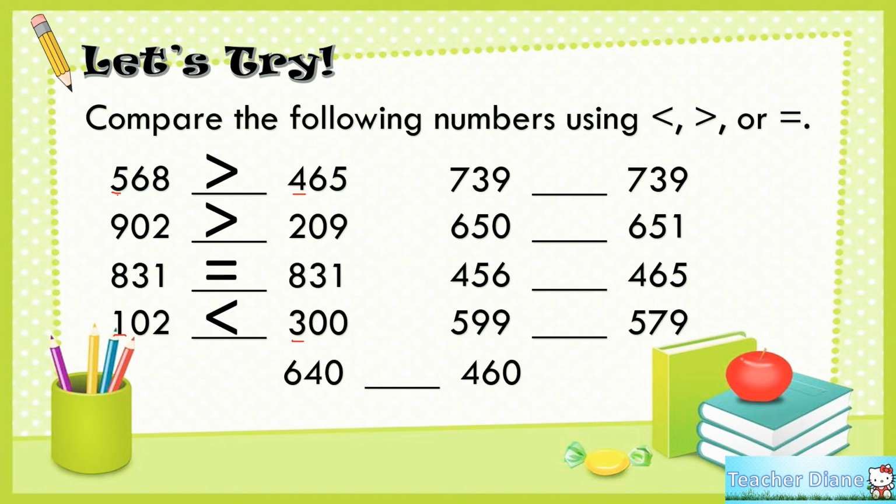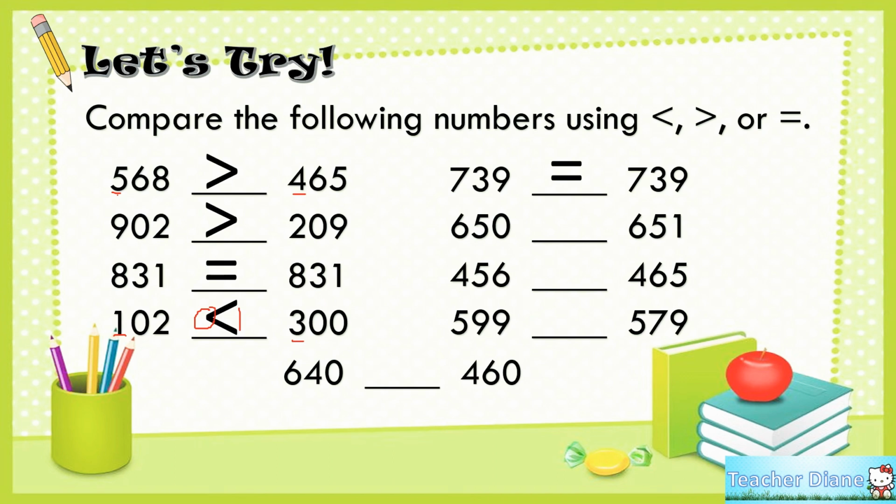Remember, kids, that the pointed part of the arrow points to the lesser, and the open part shows the greater number. Next, 739 and 739, is it greater, lesser, or equal? Right, it's equal because they are the same number.